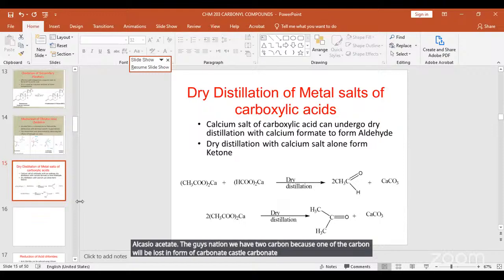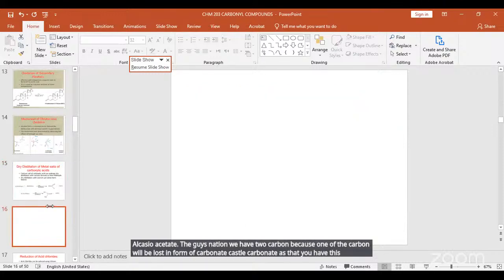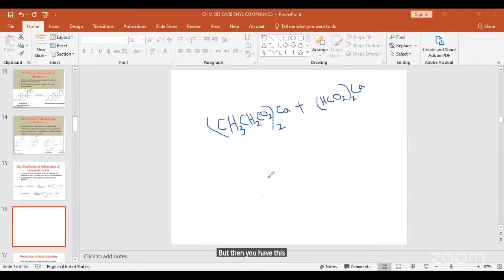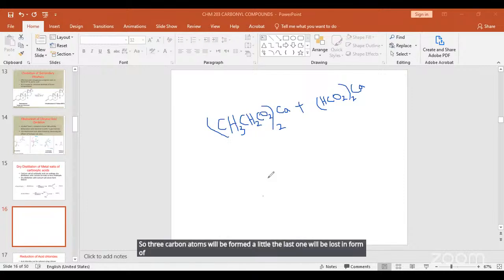Hence, what we are going to have is propanol. So 3 carbon atoms will be formed at the end of the day, while the last one will be lost in the form of calcium carbonate.